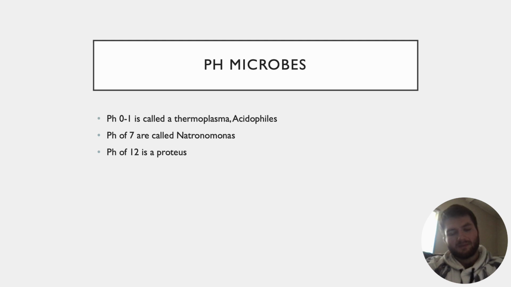You've got your neutral zone, and then you've got your acidic zone and your base zones. So microbes are going to fall somewhere on this pH scale depending on where they're from, how they're made, or what they are.